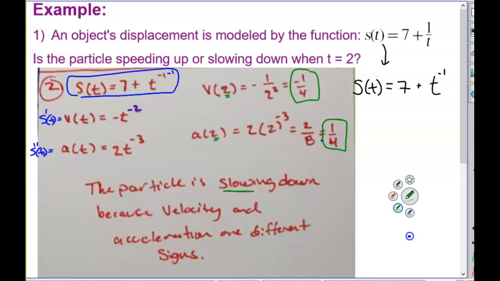The particle is slowing down, or you could say decreasing, but they use the word slowing down. So the particle is slowing down because the velocity and the acceleration are different signs. And since I showed them here, saying different signs is good enough. You could say the velocity is negative and the acceleration is positive, and that's another way to justify it.